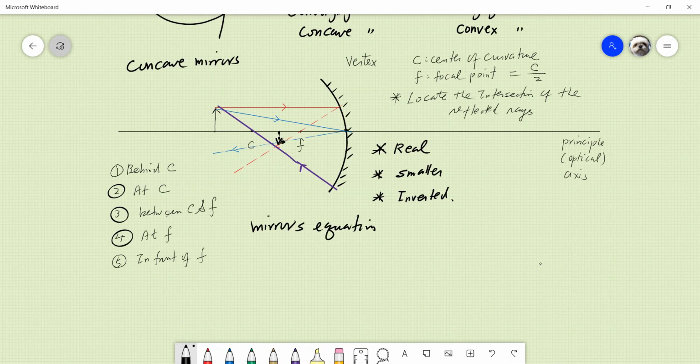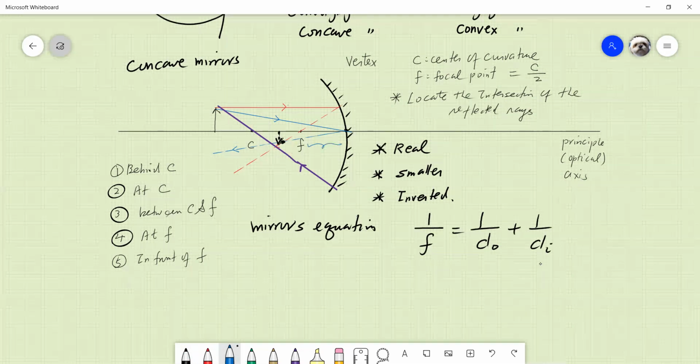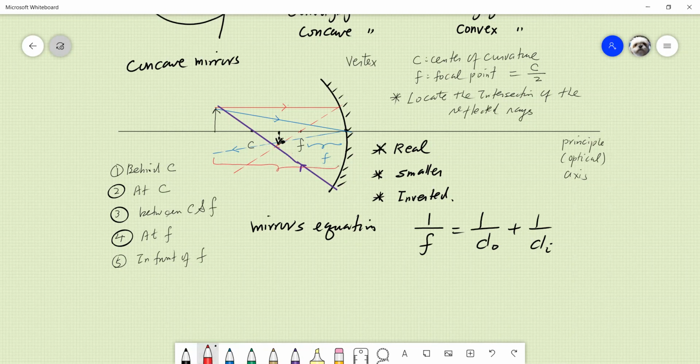What does the mirror equation say? 1 over f equals 1 over dO plus 1 over dI. Here, what is f? f is this distance. What is dO? dO is the object distance. And dI is the image distance.